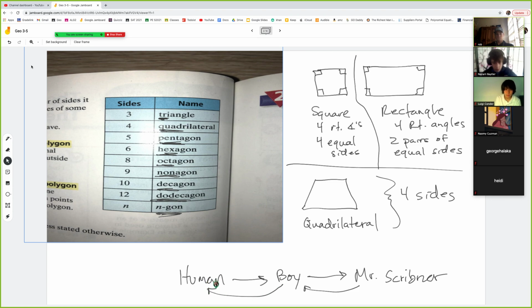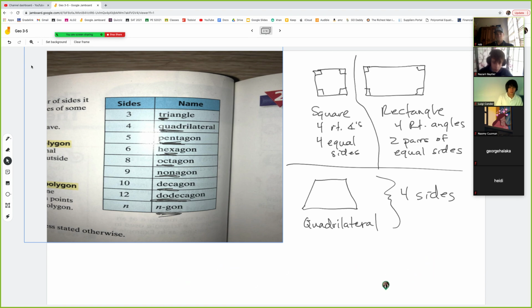But not all humans are boys. So you see how it works one way as you go more specific, but it doesn't work the other way. Okay? So Mr. Scrivener is a human, but not all humans are Mr. Scrivener. Okay? It's the same way with polygons. So it's very important to understand the difference between a rectangle, a square, and a quadrilateral.